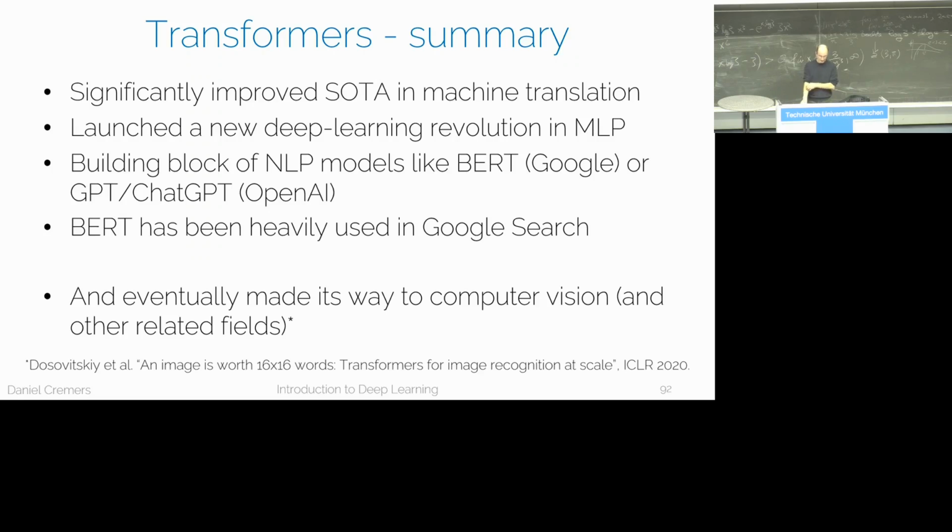And they eventually made it beyond time series analysis. This is a very influential work by a collaborator of mine, Alexey Dosovitskiy and collaborators. It's called An Image is Worth 16 by 16 Words, Transformers for Image Recognition at Scale. That is a paper that advocates the ViT, the vision transformers, and there's a lot of research happening, I should say now, in this field of transformers, both on vision transformers but also in language.